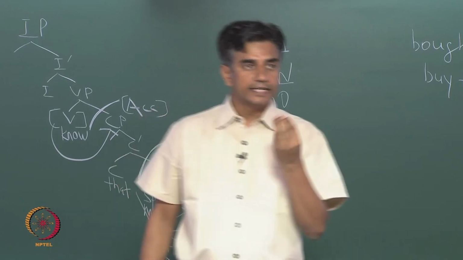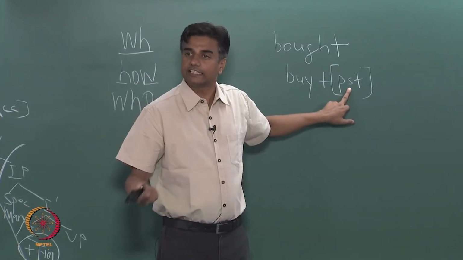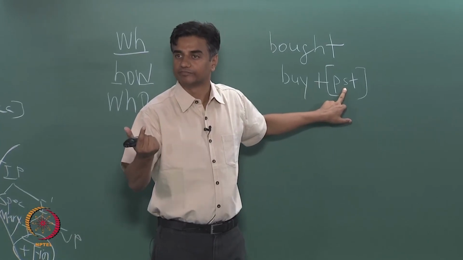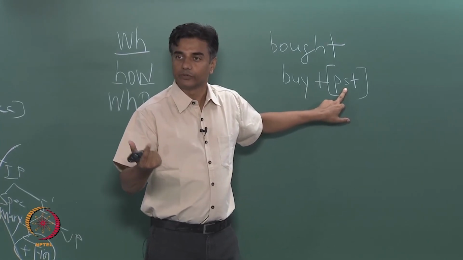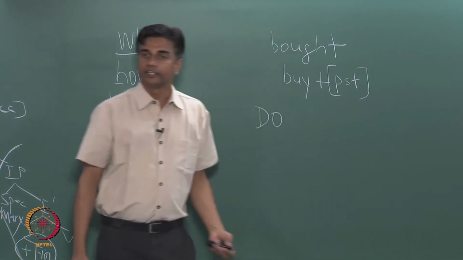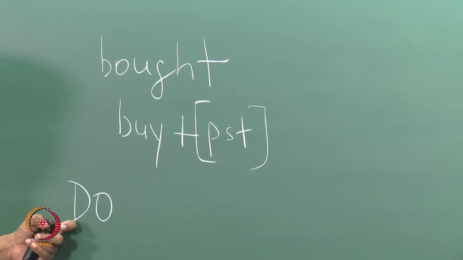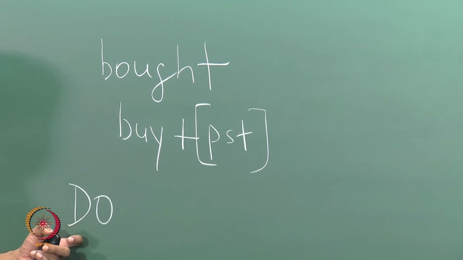The tense is an invisible category. It cannot stand on its own, so it needs support of a lexical word. So we put do, a word which comes in support of a verb, so in support of tense.